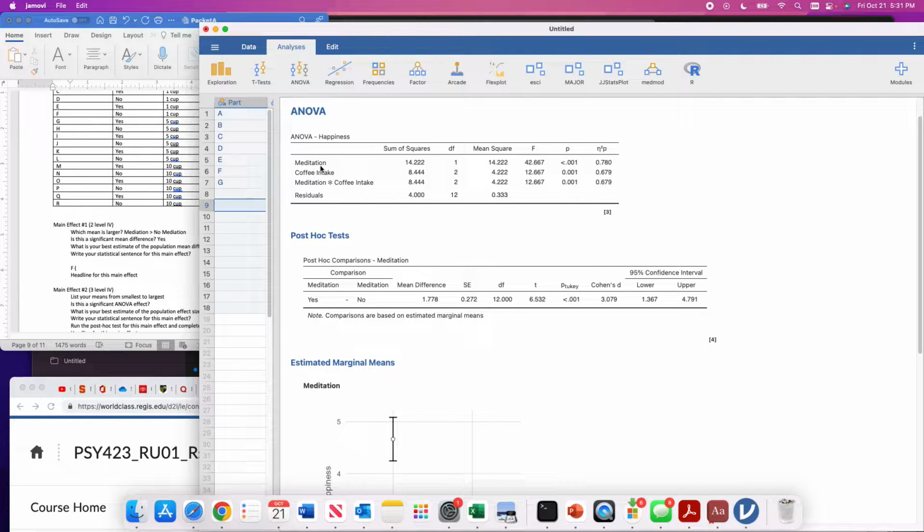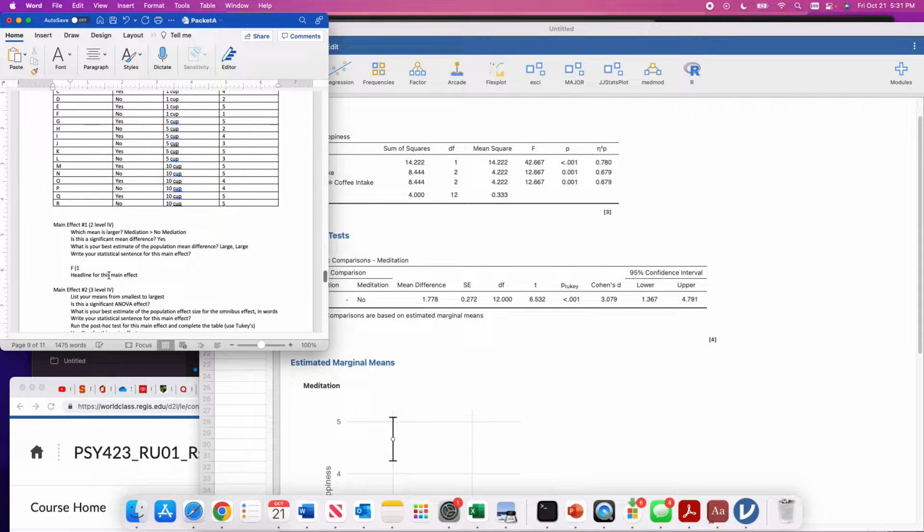So we're looking at this main effect of meditation that is 1 and 12 degrees of freedom. F(1, 12) equals my actual F statistic, 42.67. P-value, p is less than 0.001, comma like this.